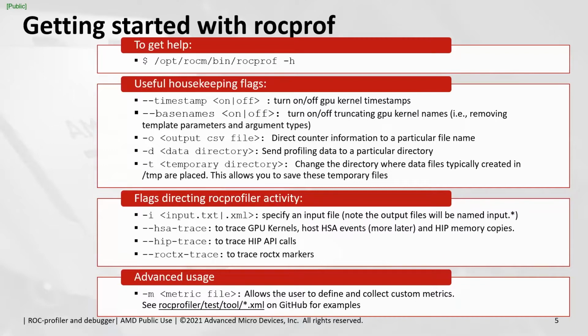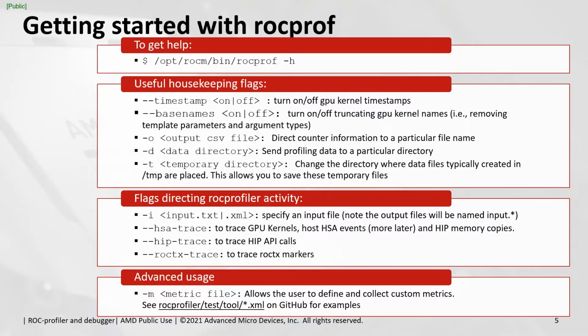And then one of the very nice flags, in my opinion, is the -t flag, which allows you to change the directory where all the profiling data is initially dumped and then copied to your specified directory. Generally, it's dumped in the temp directory, but sometimes if you're working on systems where you either don't have access to the temp directory or your temp directory is already full and you don't know what to do, you can always use this.